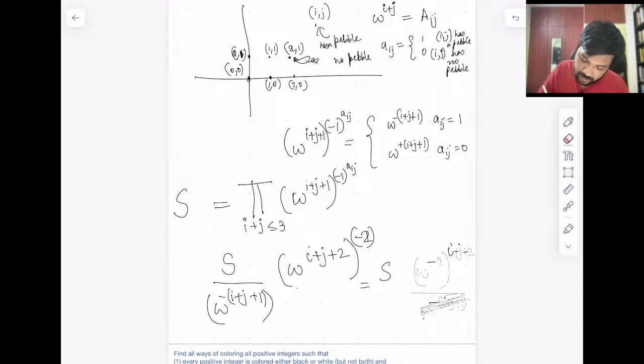Let's see again. It should work. I've done it earlier. Omega power (i+j+1) power minus 1 into omega power (i+j+1) power minus 1 is omega power (i+j+2) minus 2, that's correct.